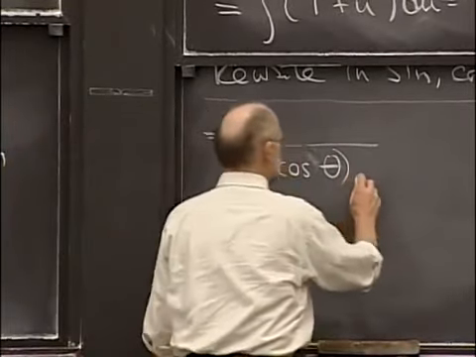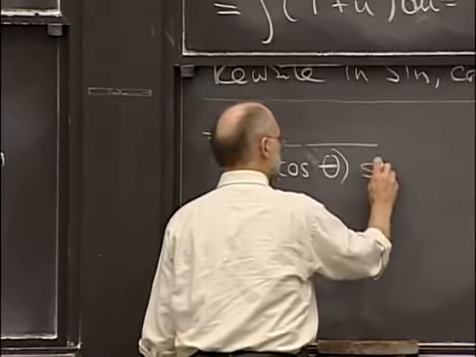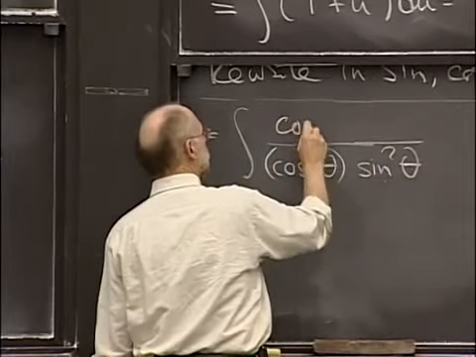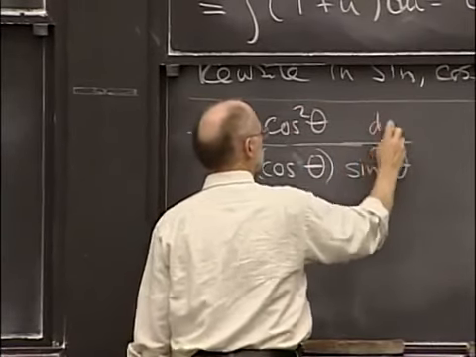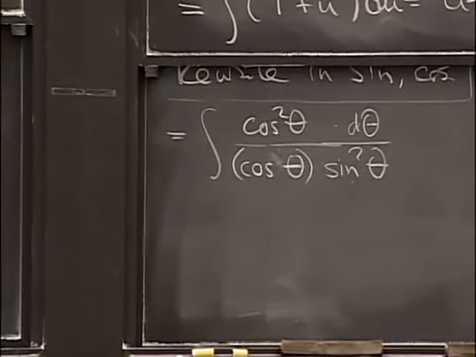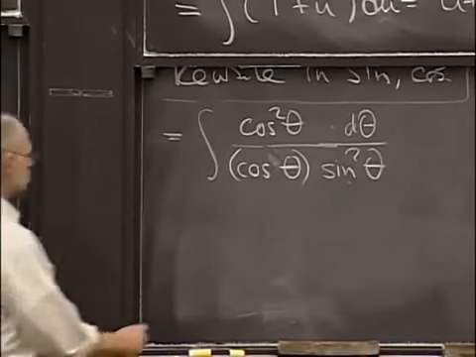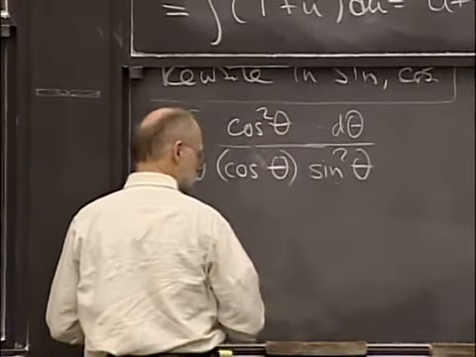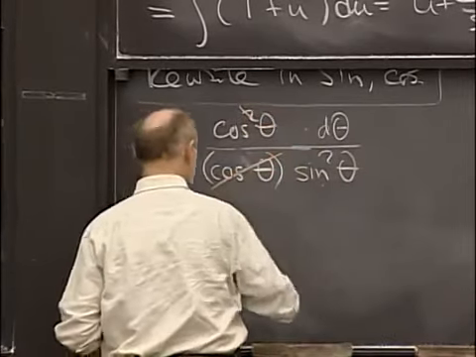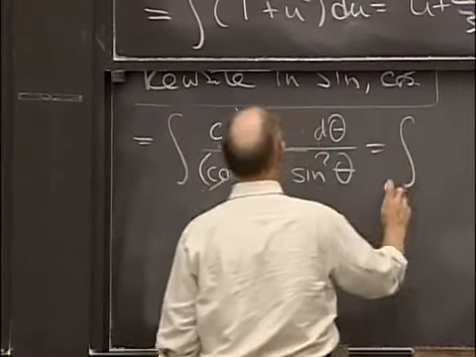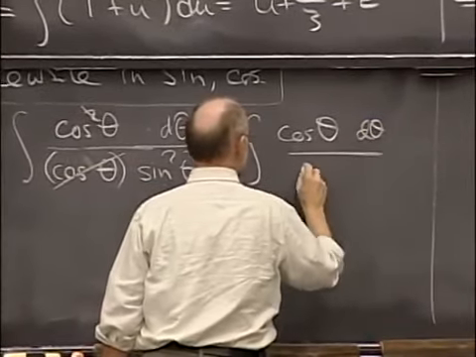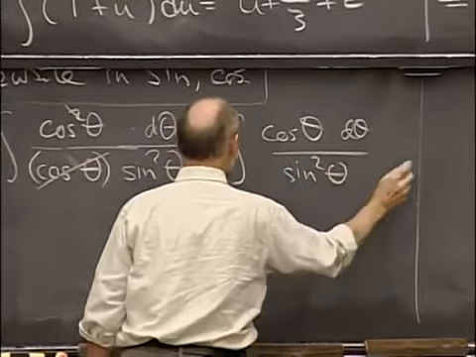Well, we'll find out, because the tangent is sine over cosine, so I should put a sine squared where the tangent was and a cosine squared up there. And I still have d theta. And now you see some more cancellation occurs. That's the virtue of writing things out in this way. So now the square here cancels with this cosine, and I'm left with cosine theta d theta divided by sine squared theta.